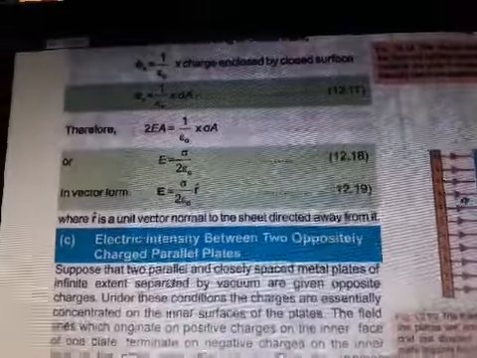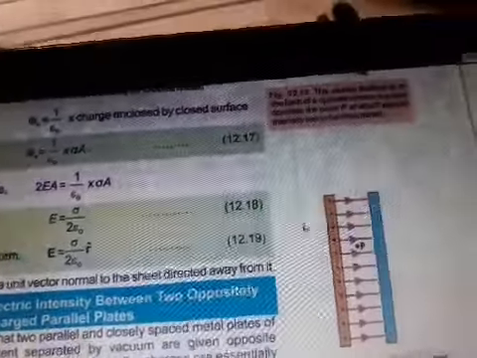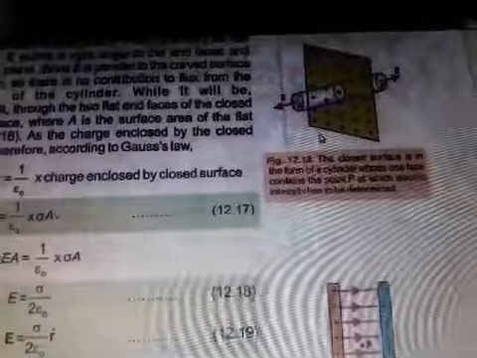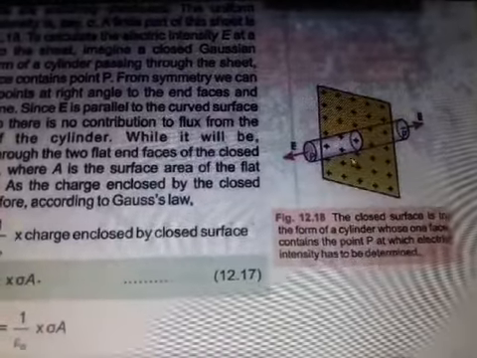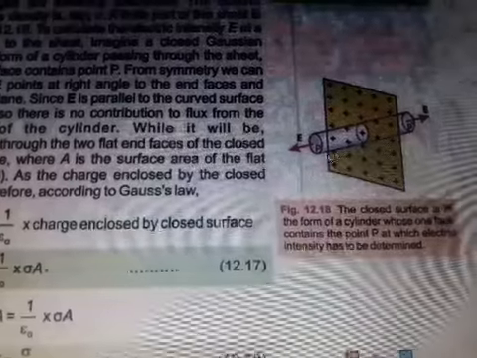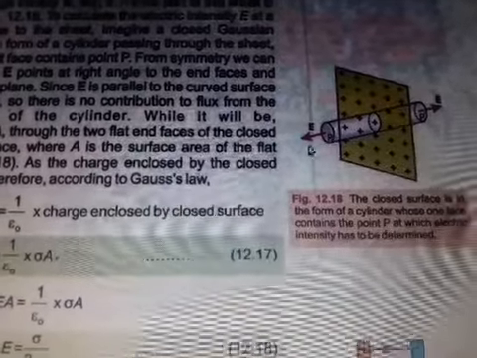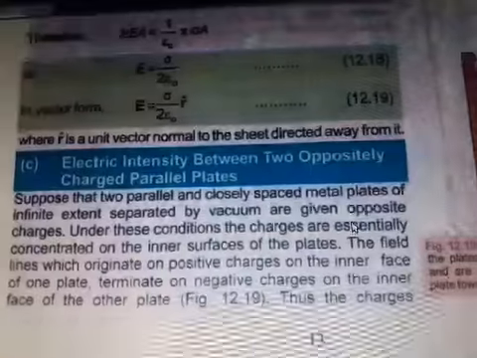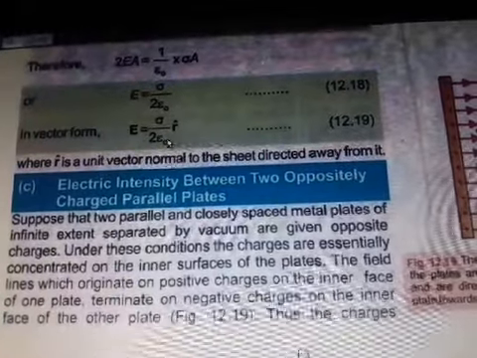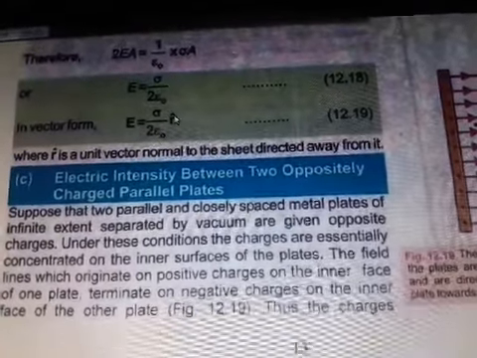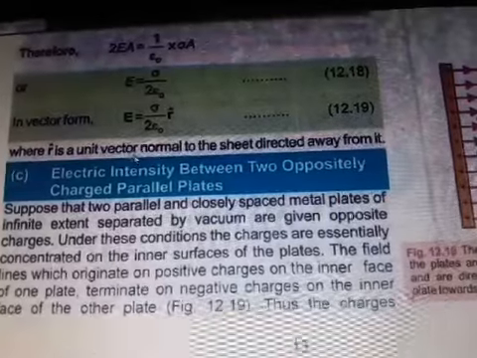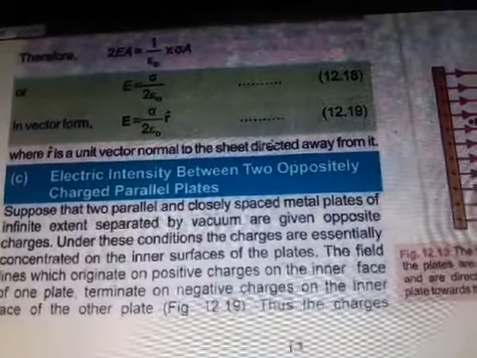Also in the vector form, if we see, the direction of electric field intensity is outward, normal to this surface. So in vector form, electric field intensity will be sigma over 2 epsilon naught times r unit vector, where r unit vector is normal to the sheet directed away from it.